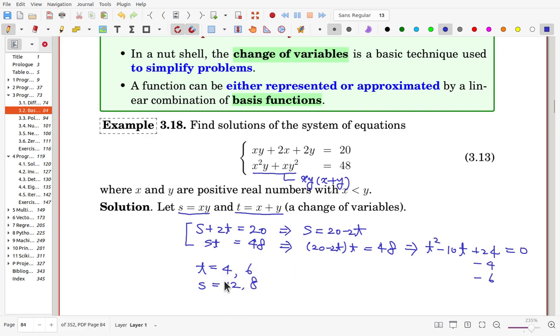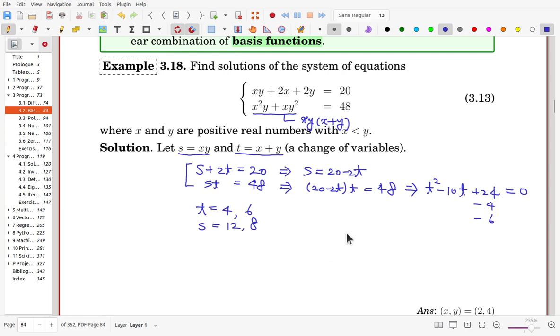So for s and t, we have two pairs of values. That is the first pair and there is the second pair. With the first pair, s is 12 and t is 4. So here, t is x plus y, which is 4, and s is xy, which is 12.